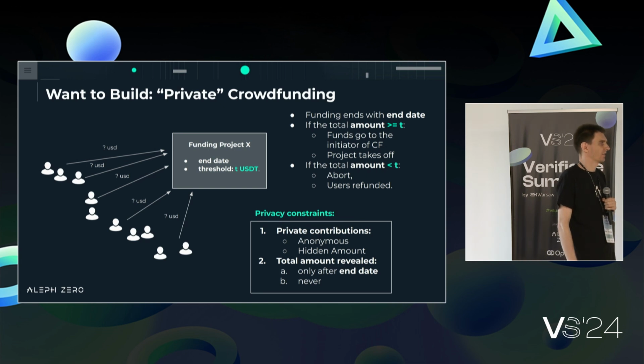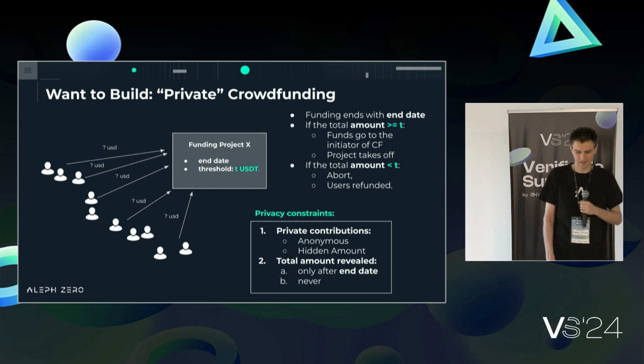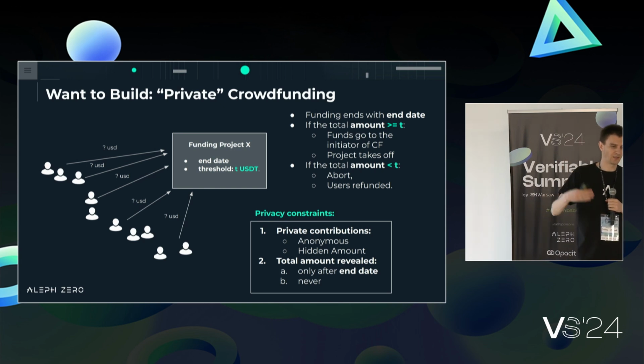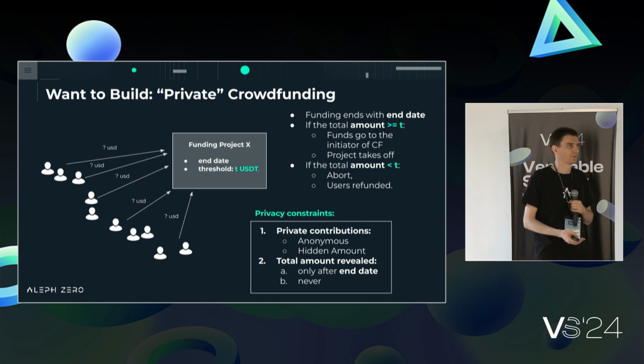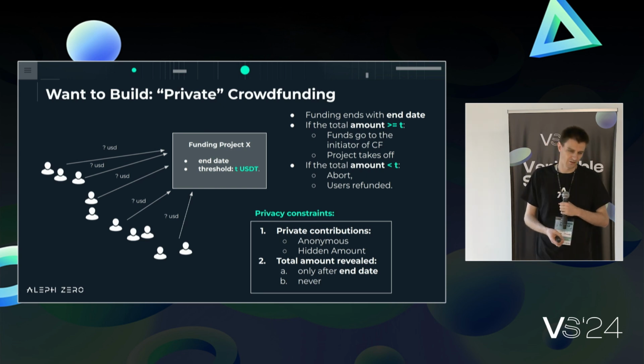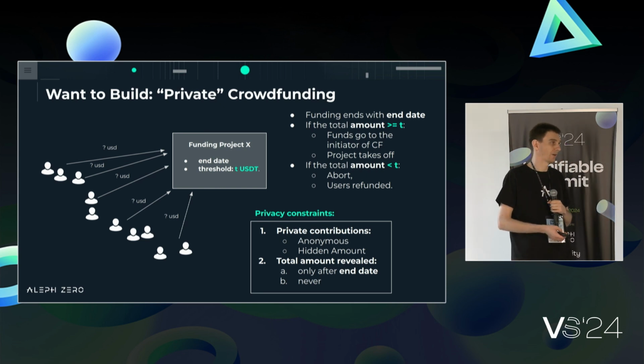Good. Then another privacy property that we would like to have is to hide the total amount. People are making contributions, and normally we see this count live, how much was collected till now. Maybe there are some cases where we would like to hide it. We don't want everyone to know what's the current total amount.